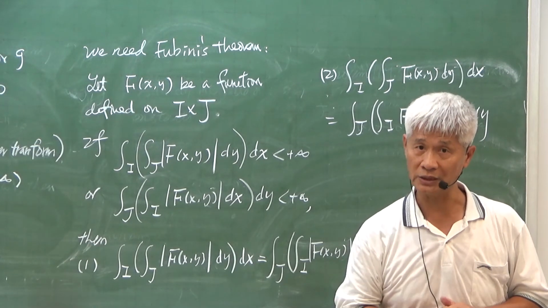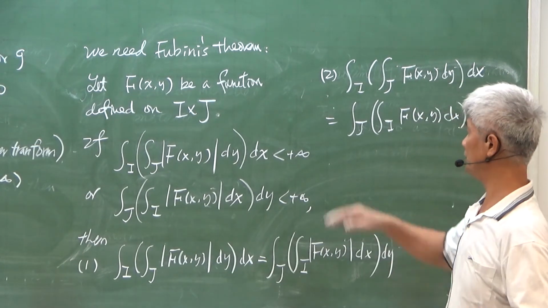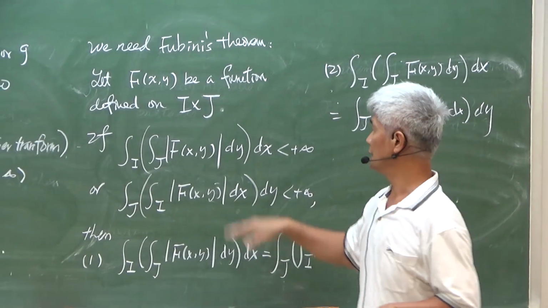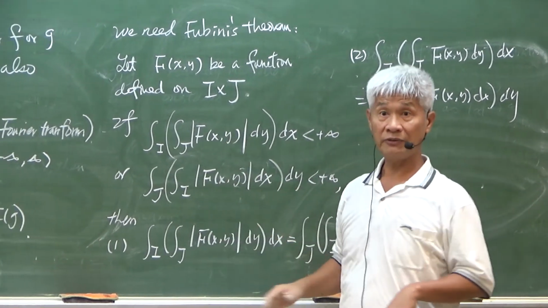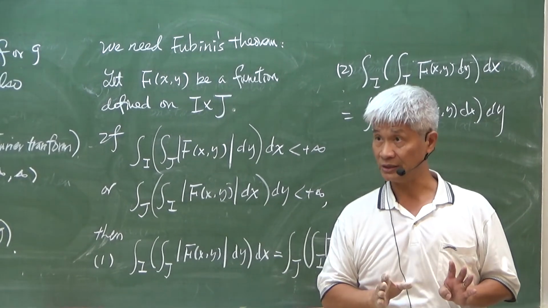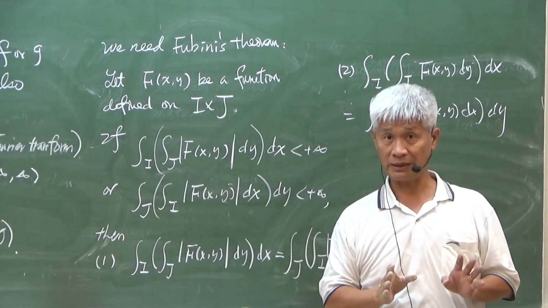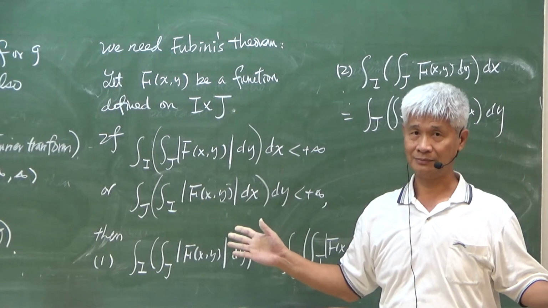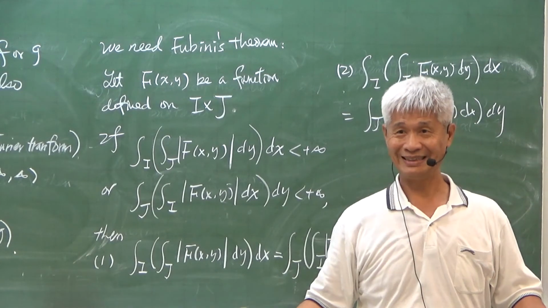Very simple. Take the absolute value and try to integrate either this way or that way, whichever is easier, and if either way is finite, then everything is okay. That is the basic principle.